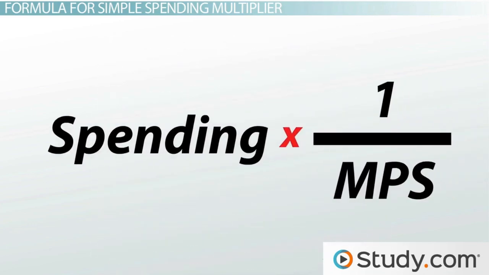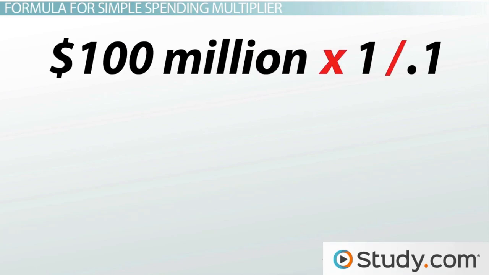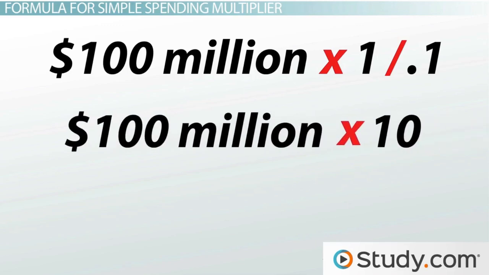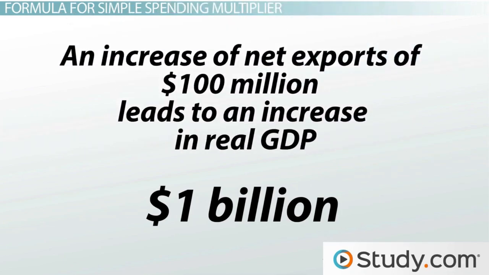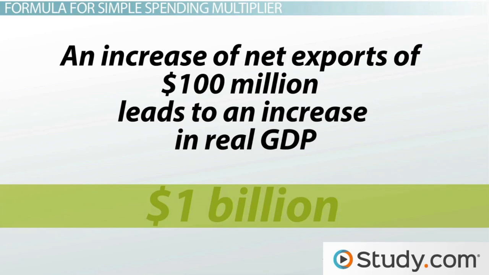Using our formula of spending times 1 over MPS, we get $100 million times 1 divided by 0.1, which is equal to 100 million times 10, or $1 billion. That means that an increase of net exports in the amount of $100 million leads to an increase in real GDP of $1 billion. Again, this is the multiplier effect at work in the economy.